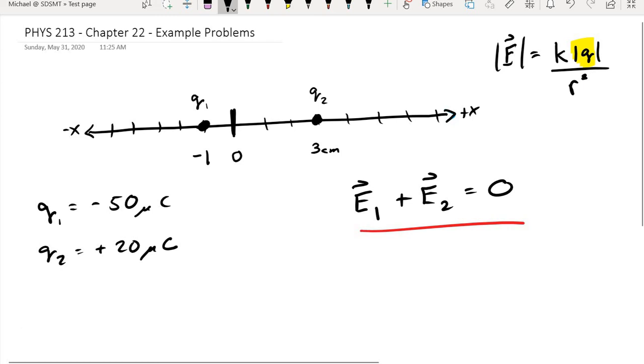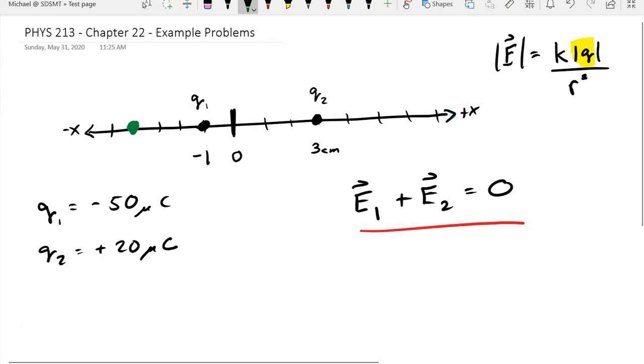So let's consider a test point somewhere to the left of charge 1. And let's see what color I want to use for that. Well, we'll just use the green. So let's say I'm somewhere over here. Now obviously we can count over, that would be -4, but we're just somewhere to the left of charge 1.